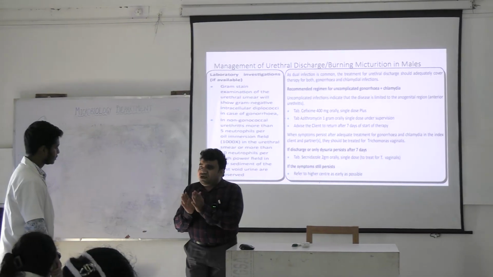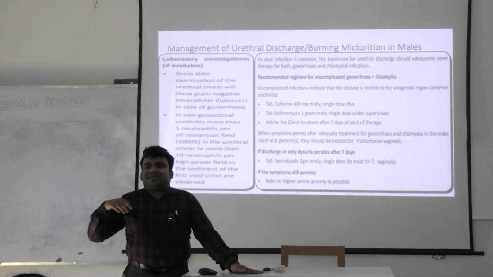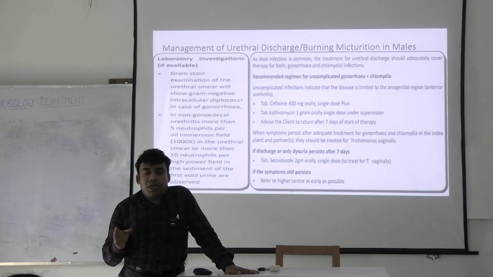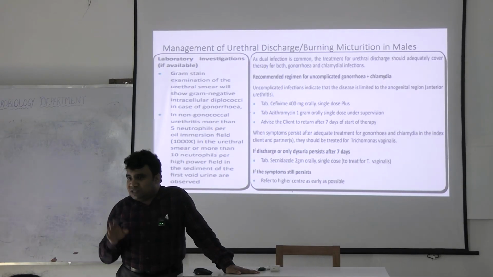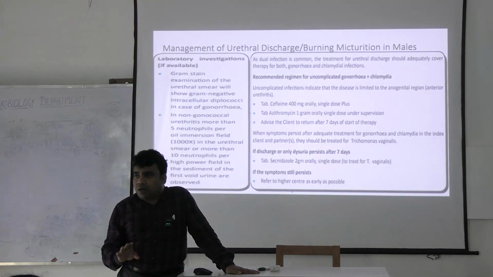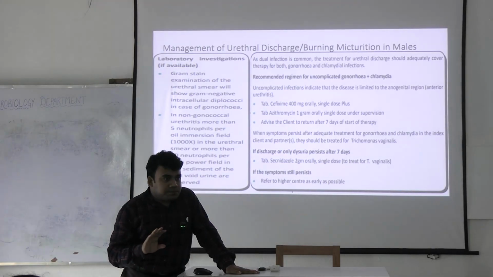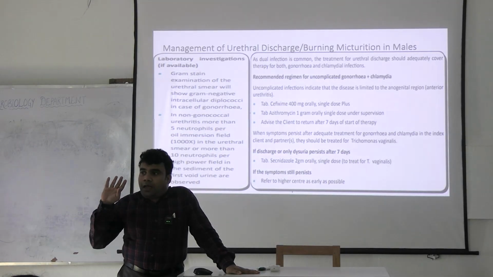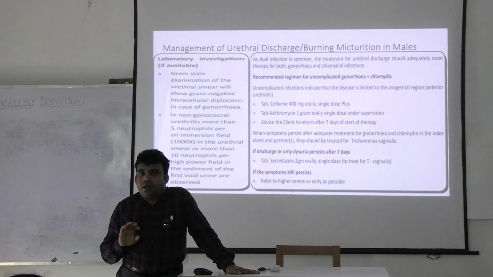I am just diverting a little from this point because when we have to take the history, we need to differentiate between urethritis and cystitis. Cystitis means inflammation of the bladder. So in both the cases, the patient will come with a complaint of dysuria, that is pain during urination, right? If there is urethritis, what will the patient say?